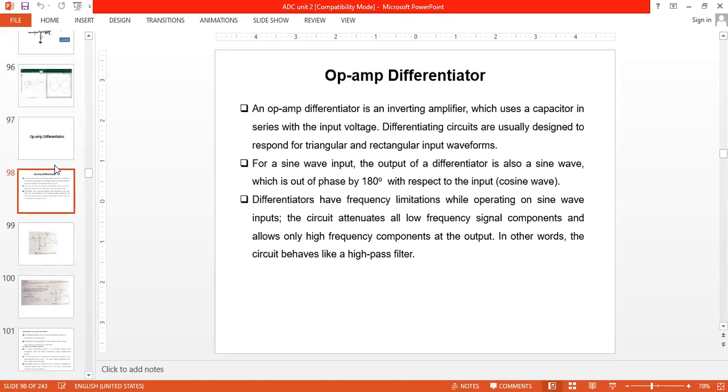For a sine wave input, the output of the differentiator is also a sine wave which is out of phase by 180 degrees with respect to the input. The differentiator has frequency limitation while operating on sine wave inputs. The circuit attenuates all low frequency signal components and allows only high frequency components at the output. In other words, the circuit behaves like a high pass filter.